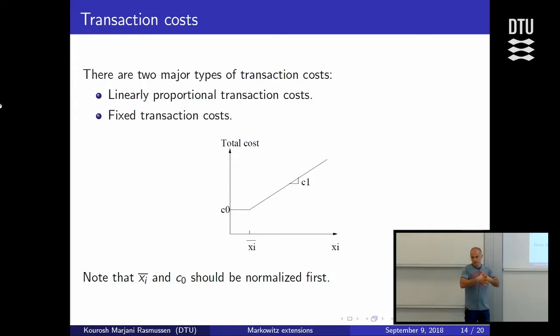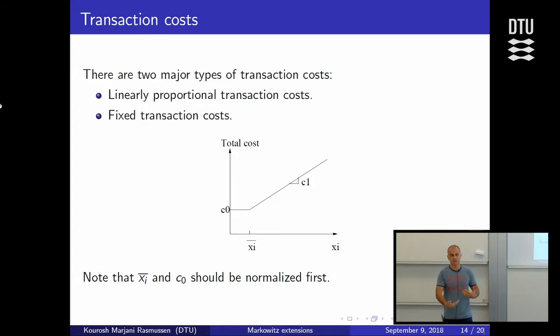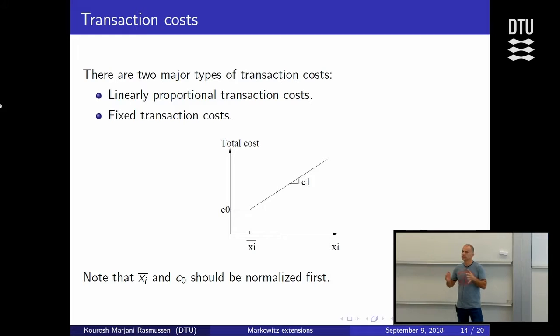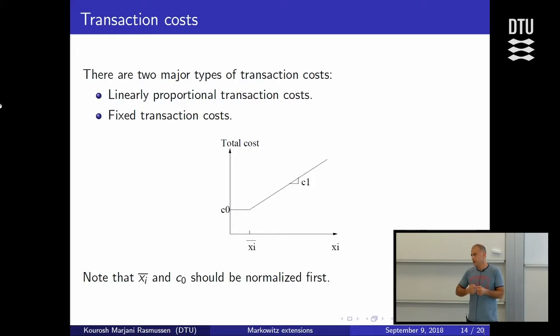let's say you go to an exchange and you want to invest, let's say 100,000 krona in some stocks, right? And you want to know what the costs are of investing this 100,000 krona in a number of stocks. And then they have written something to the effect that you will pay 0.1% of the amount you're investing.